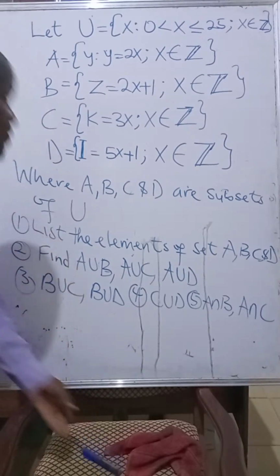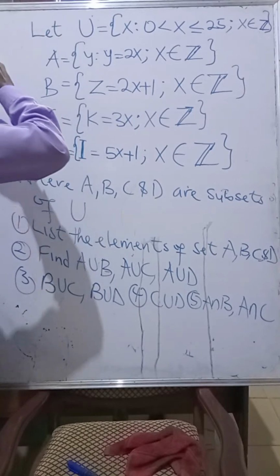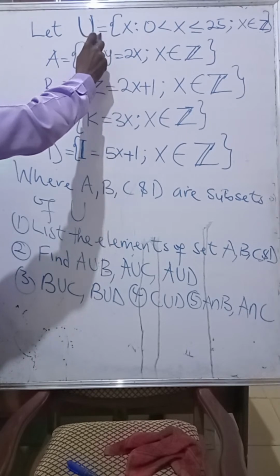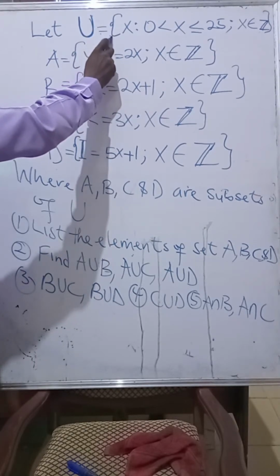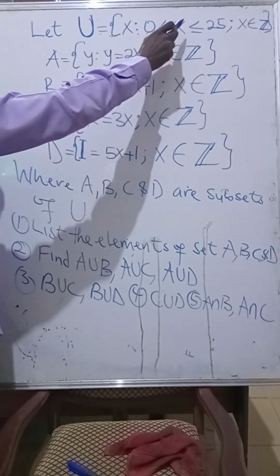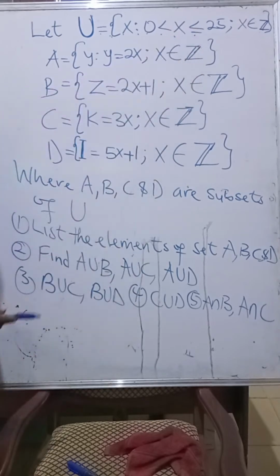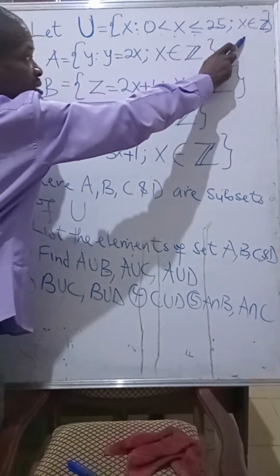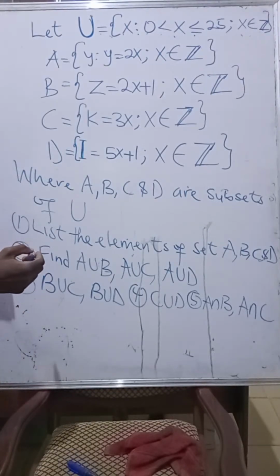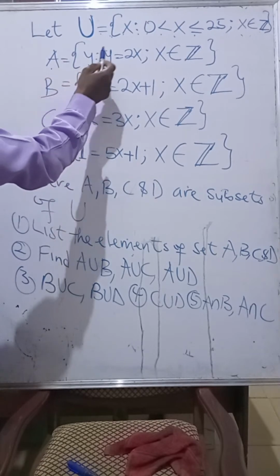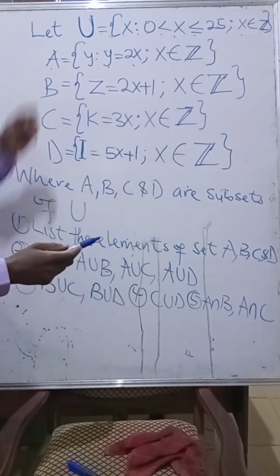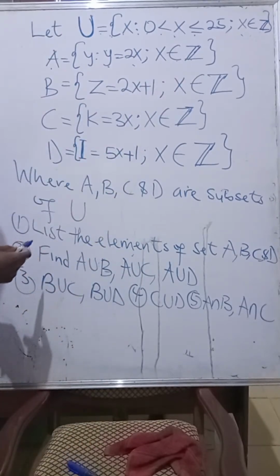What we have here is U, which is the universal set, equal to the set of x such that 0 < x ≤ 25, and x belongs to positive integers. Then A is the set of y such that y = 2x, and x belongs to positive integers.